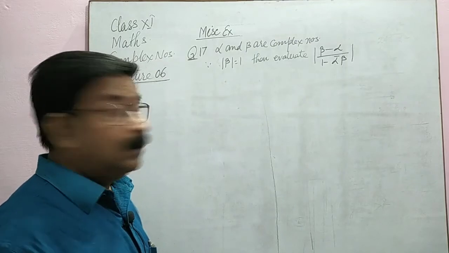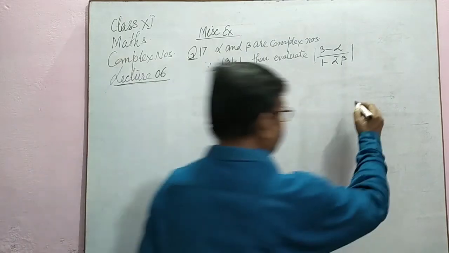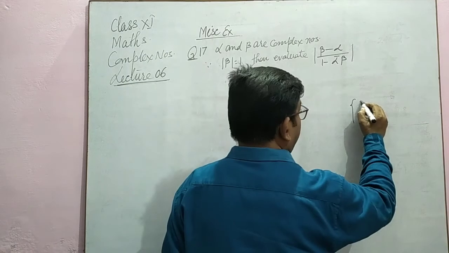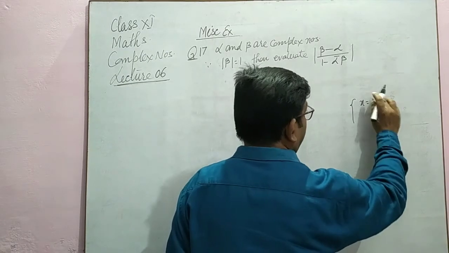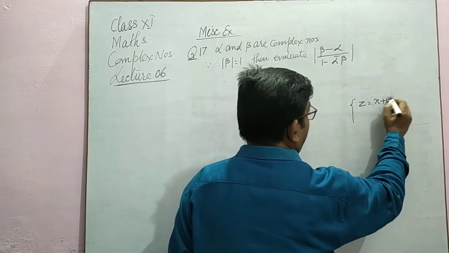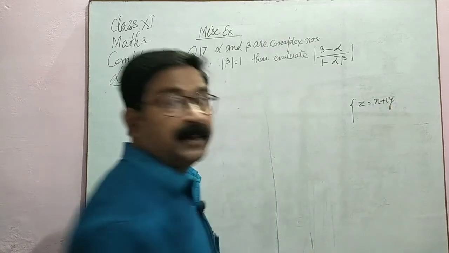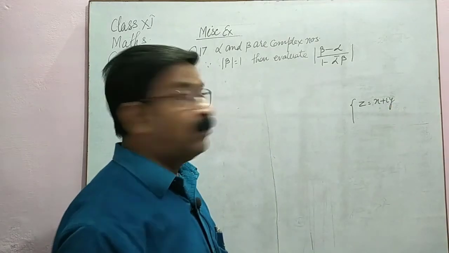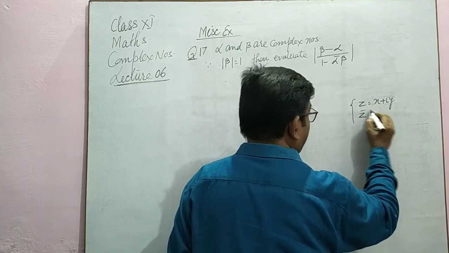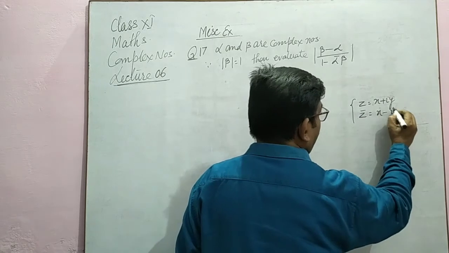Beta, try to understand one thing. If we have z equal to x plus iy, what is z bar? z bar is x minus iy.